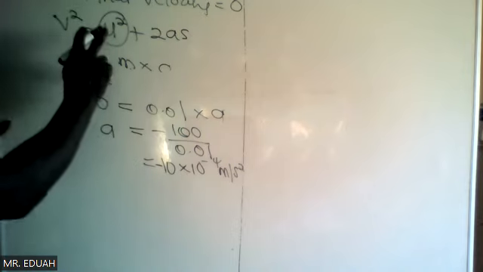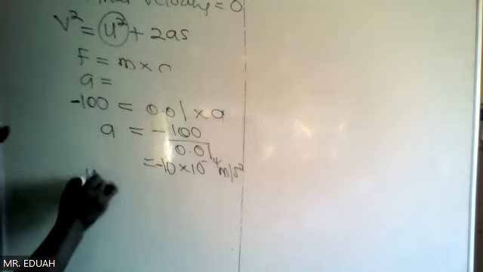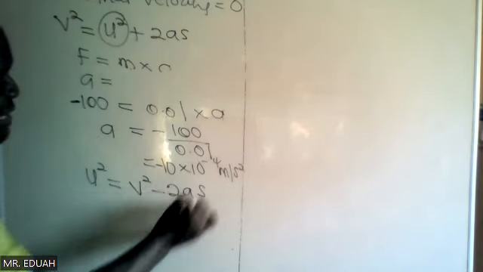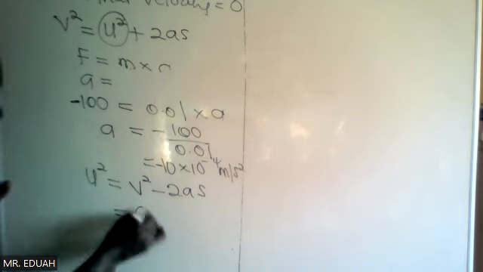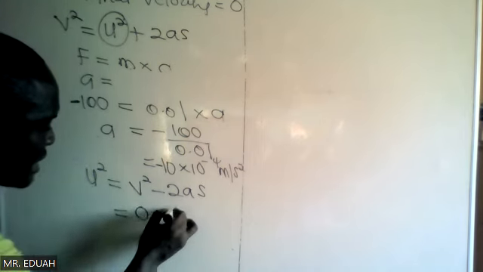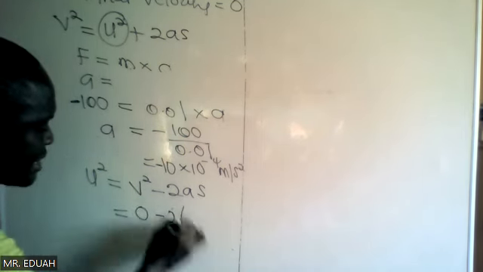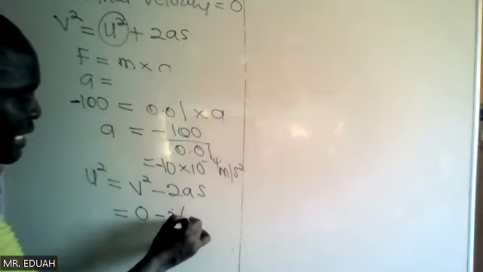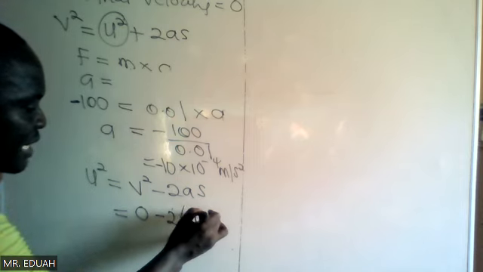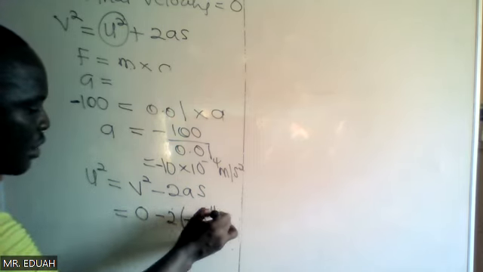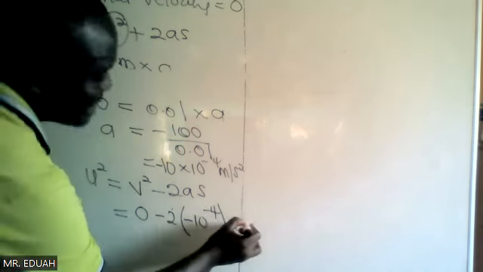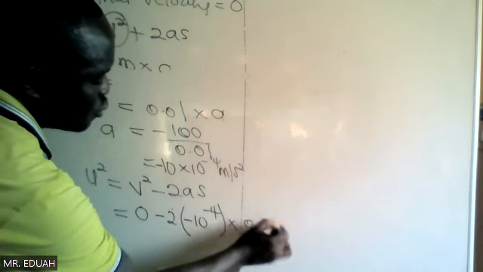So when we make U the subject here, we have U squared is equal to V squared minus 2AS. V is 0. The final velocity is 0. Minus 2 times the acceleration, which is negative 10 to the power negative 4, times the distance, 2 centimeters. 2 centimeters is 0.02.